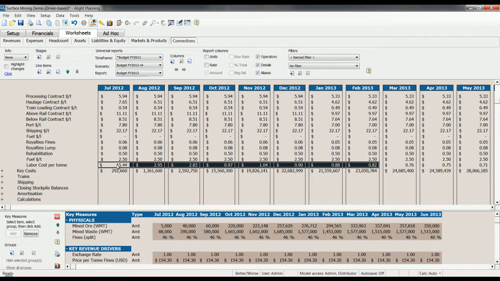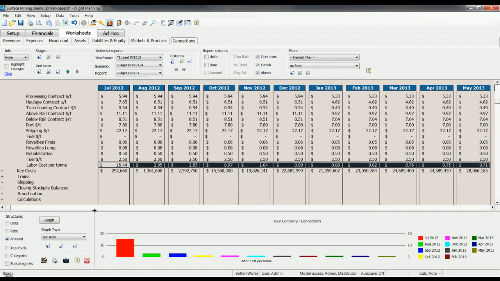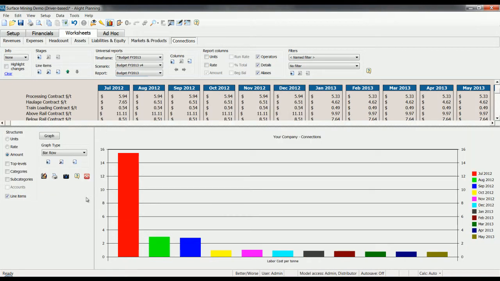If we want to, we can even graph this value by selecting the numbers we want to graph, clicking on our graph tool here, expanding it, and here we can see a nice trend of our labor cost per ton over time for the months we have selected.